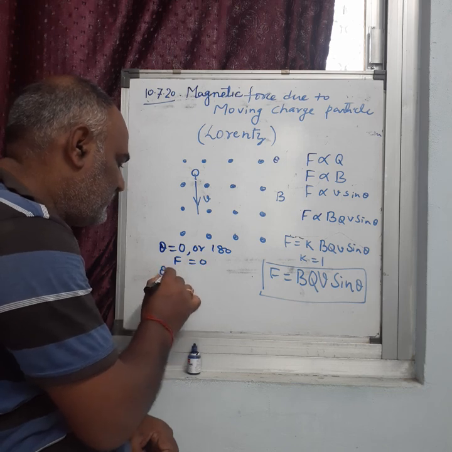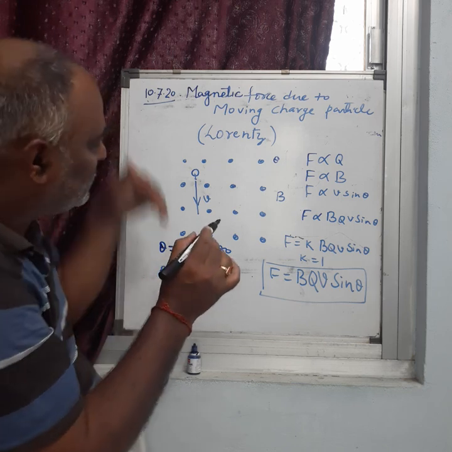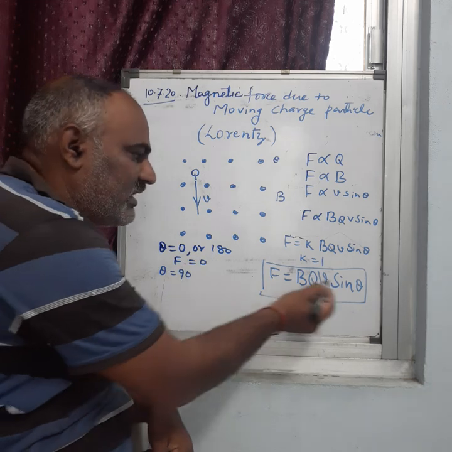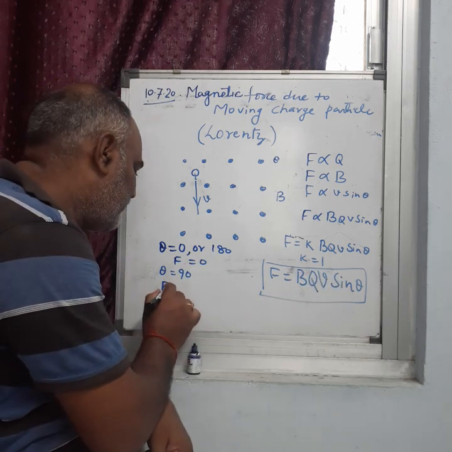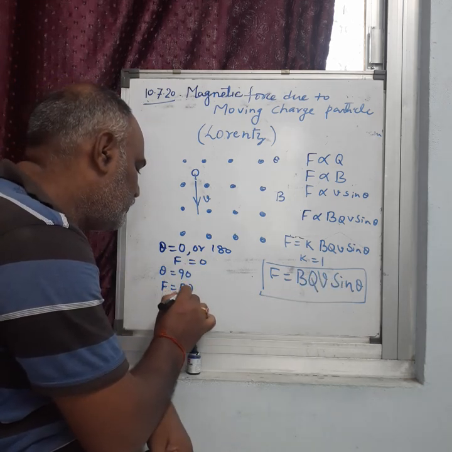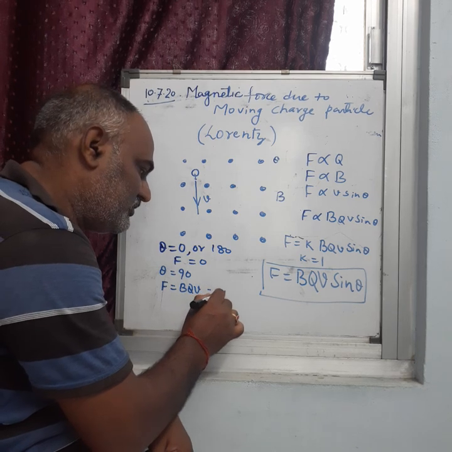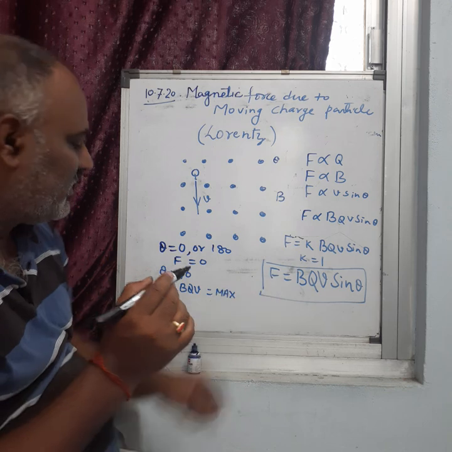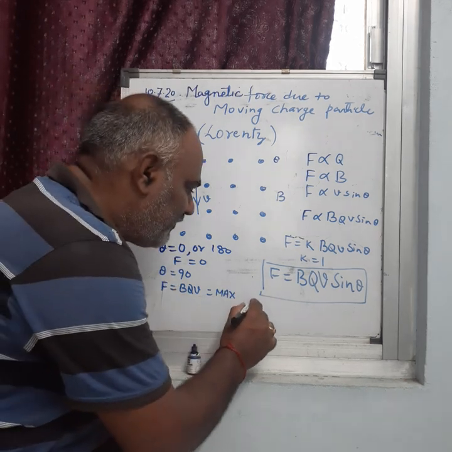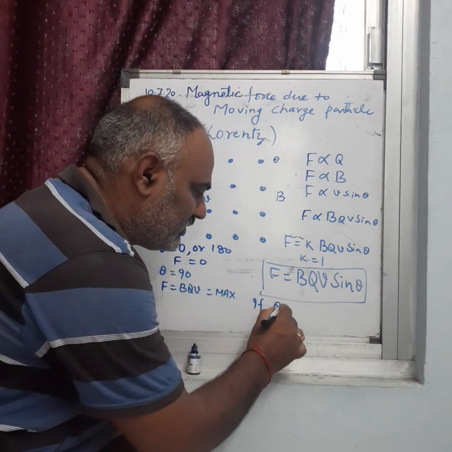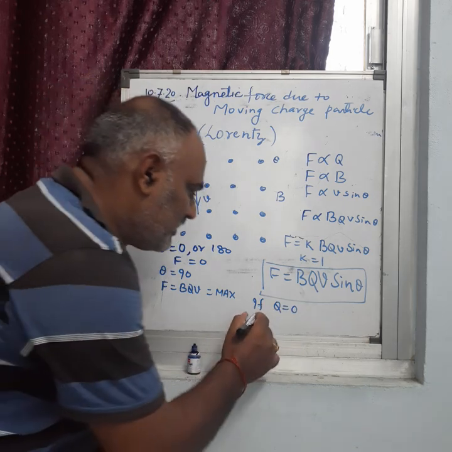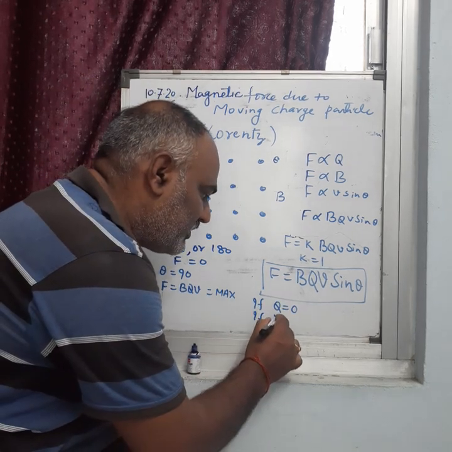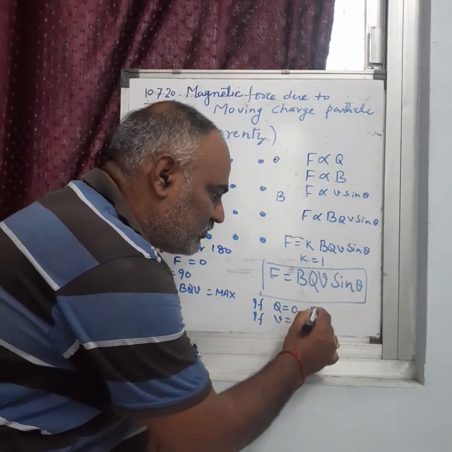If theta is 90 degrees, meaning the charged particle enters perpendicularly, then sin 90 is 1, and the maximum force is BQV. The force may also be minimum if Q is 0. If V is 0, meaning the charge is at rest, then also the force is 0.